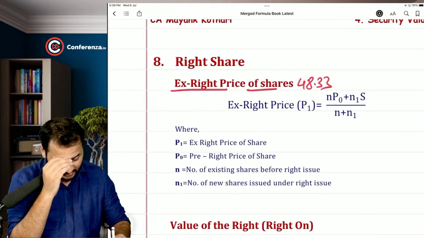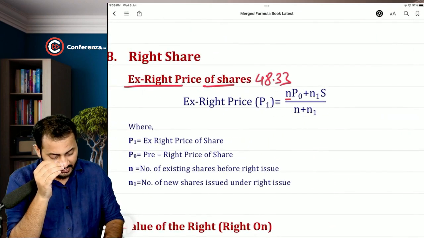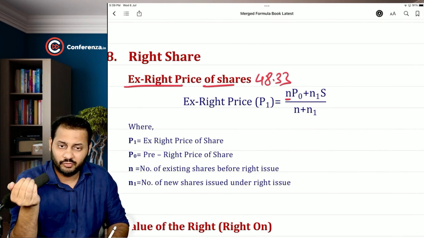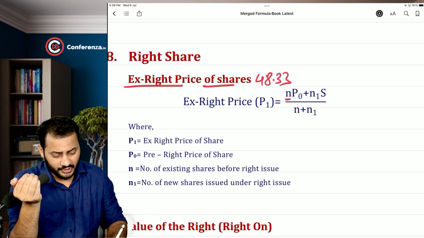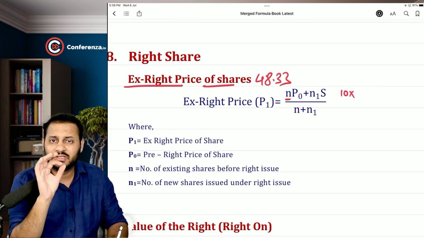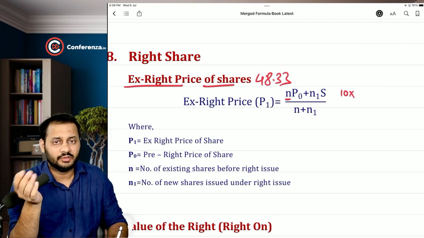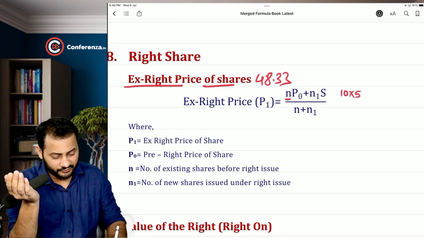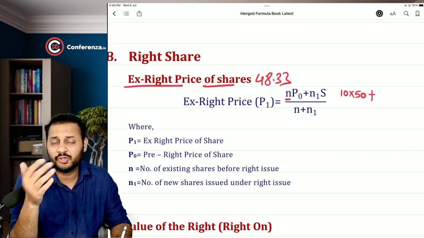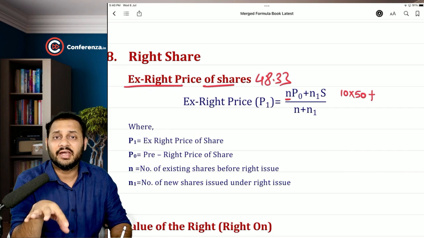So understand the meaning of the formula. N means the number of share that you had before right issue. It was 10 crores in the entire company. P0 means the market price before or at beginning. It was 50 rupees. Plus N1 means the number of additional share that you are issuing in right issue.